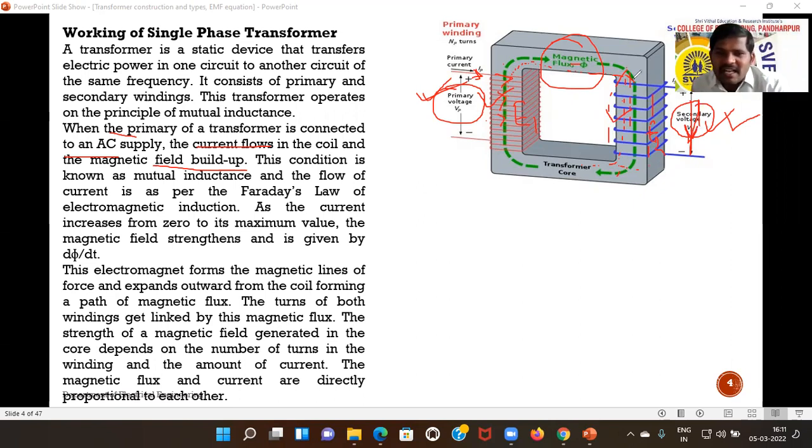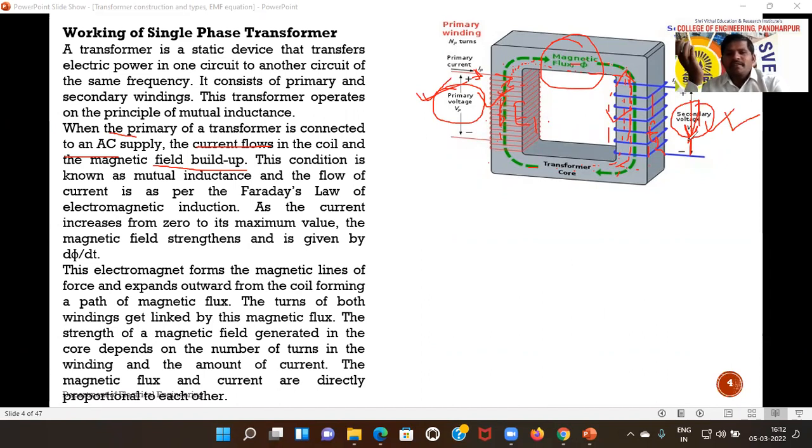So this flux also travels through the core. The path is provided by the core. Core is nothing but an iron path provided for the flow of flux. This flux travels from the secondary to the primary. Again this current induces some EMF in the primary coil. So this is the mutual induction. Primary current मुळे secondary मध्ये EMF induce होतो.